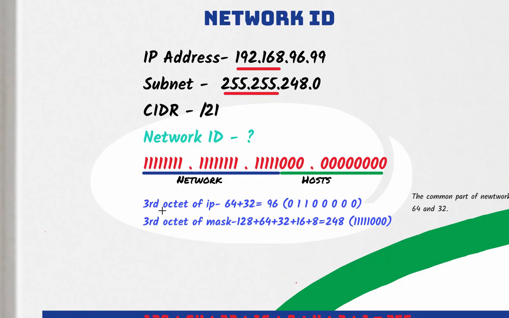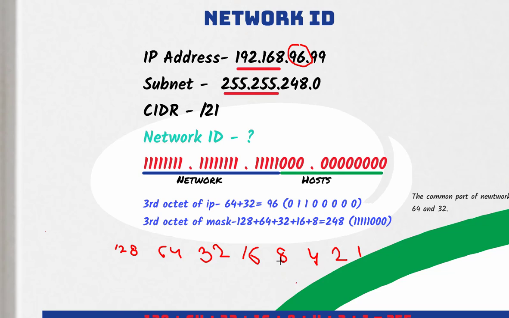Now if I take the third octet of the IP address, it is 96. So how will 96 come? 64 and 32, that means 96. So now we know 128, then 64, then 32, then 16, 8, 4, 2, then 1. This is how our octet is configured, right?